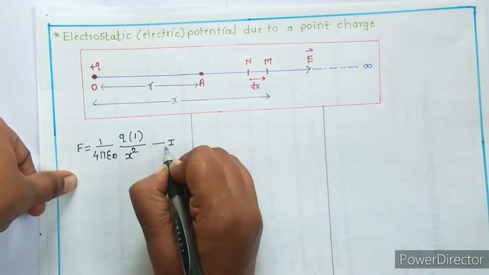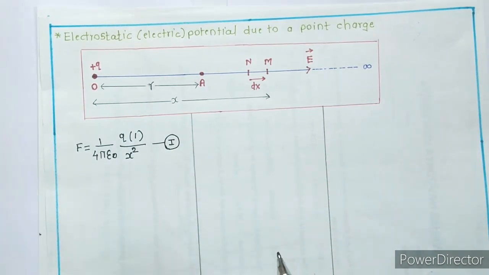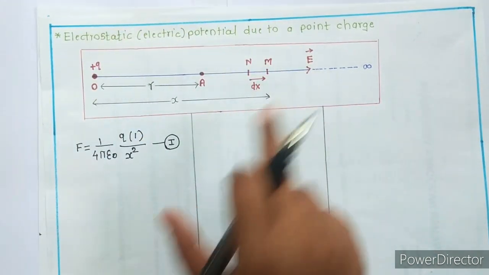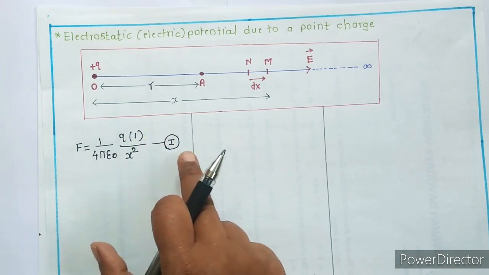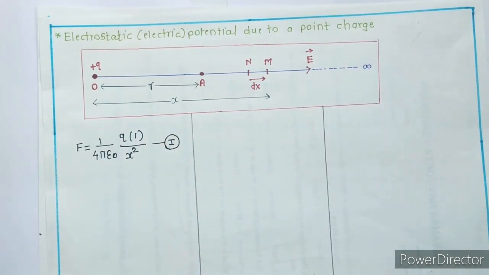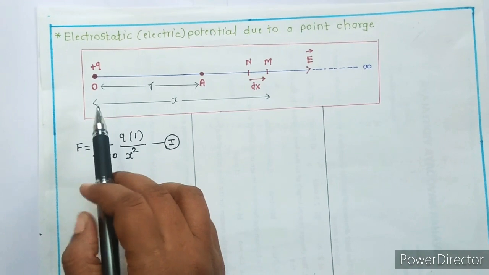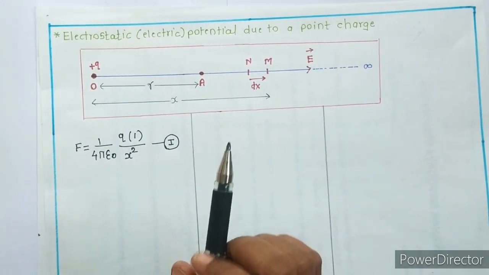This is my first equation: Coulomb's force between a source charge and a unit positive charge. F is equal to 1 upon 4 pi epsilon 0 Q upon x square, and it is directed away from O and along OM.